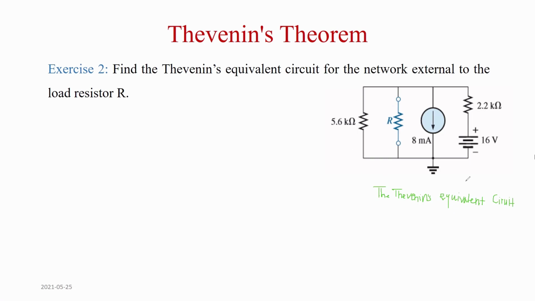This is a DC, so the equivalent circuit will be DC: a resistor, a source, and your terminals. This is the equivalent circuit. This is R Thevenin, and this is E Thevenin.